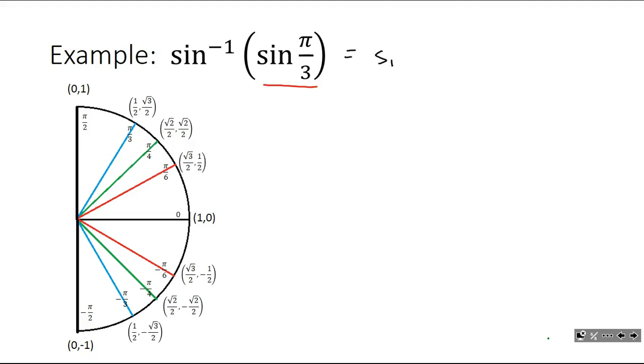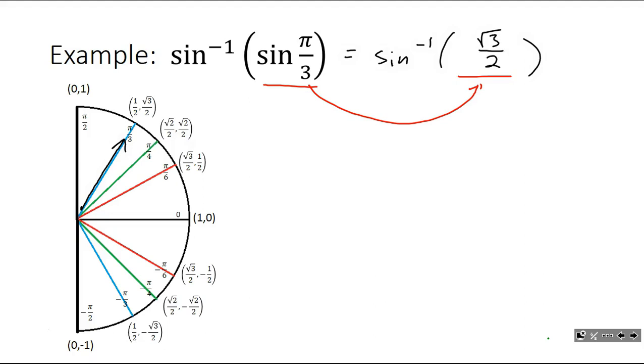We'll leave the outside function for next. So working out the inside function, what is the sine of pi over 3? So we look for the angle pi over 3. We find it easily enough here. And the sine value of pi over 3, remember sine is the y value, so that would be the square root of 3 over 2.